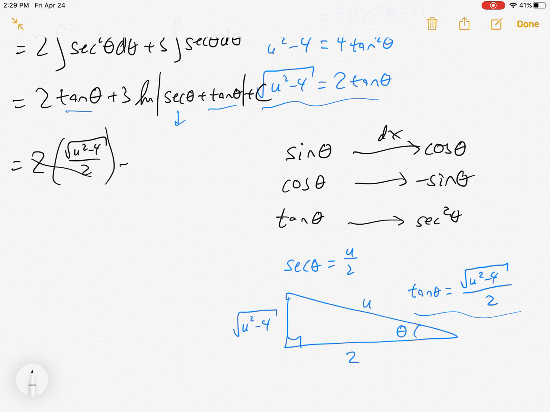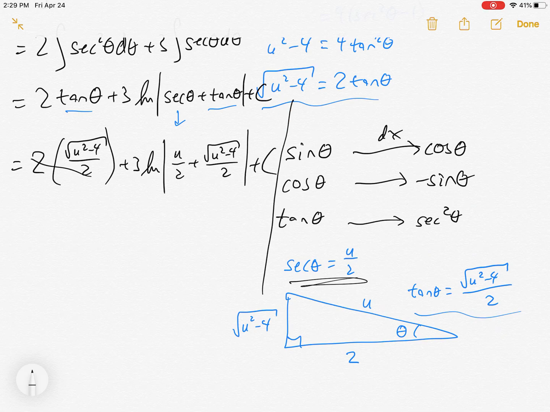Okay, so I am really running out of space here, but we'll do our best. 2 times this thing, square root of u squared minus 4 over 2. Hey, the 2's will cancel. It's nice. Plus 3 times the natural log of the absolute value of secant theta, which is u over 2 plus square root of u squared minus 4 over 2.